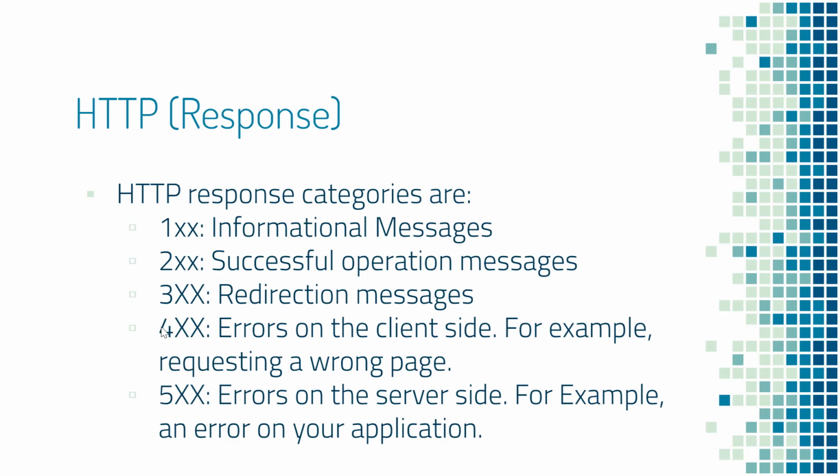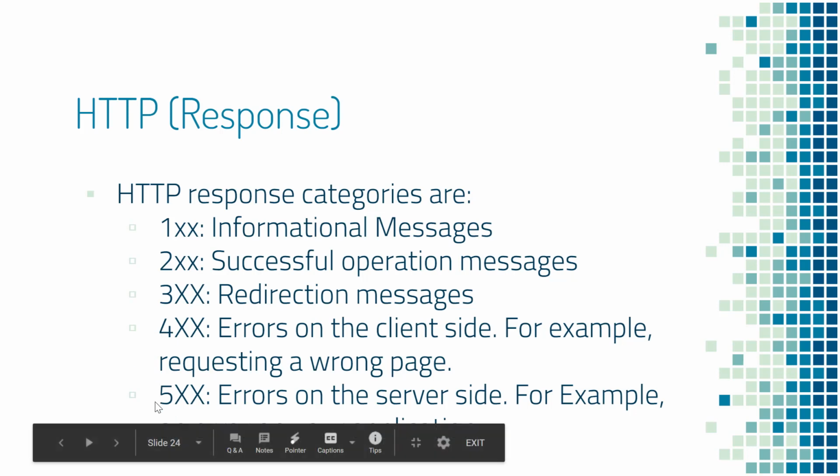If the response code starts with 4, that means there is an error on the client side. When we say error on the client side, usually the website or the file name you are trying to reach is not written in the right way. In other words, you are trying to reach a page that is not found, or a page that does not exist on the server.